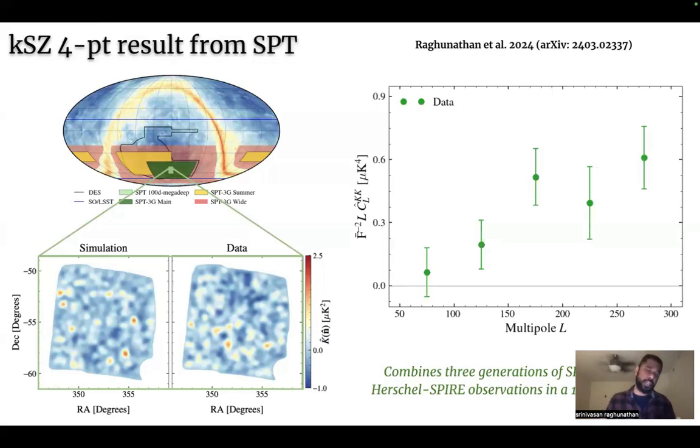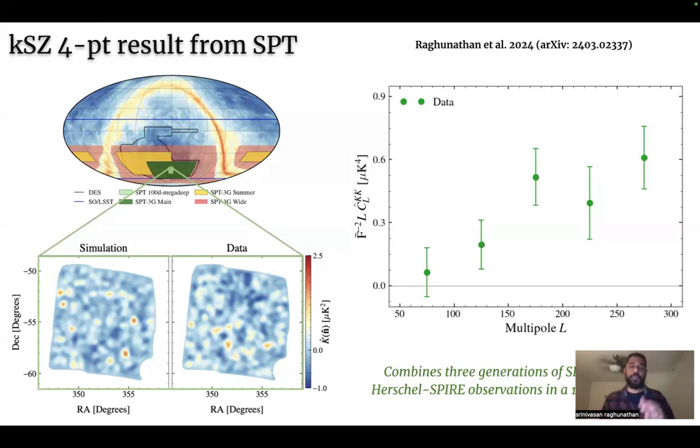Herschel is a satellite that measured the cosmic infrared background, which is basically signals coming from dusty star-forming galaxies. So what we did is we combined data from 2 generations of South Pole Telescope with Herschel. We used 5 different bands, 90, 150, 220, 600, and 857 gigahertz. And then we tried to reconstruct the KSZ 4-point information.